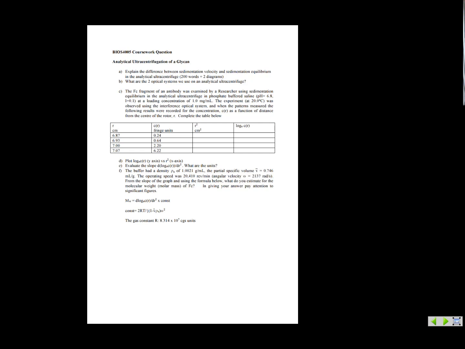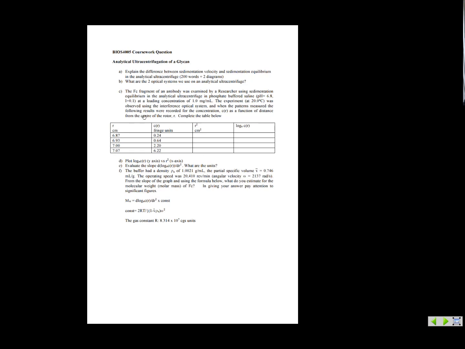Otherwise, you would have used 2 pi divided by 60 times the RPM to get the angular velocity in radians per second. Then, from the slope of the graph, and using the formula below, what do you estimate for the molecular weight or molar mass of the Fc fragment? In giving your answer, pay attention to significant figures.